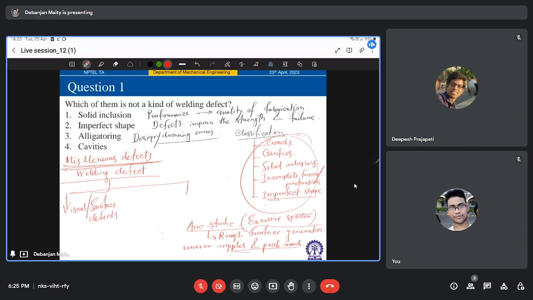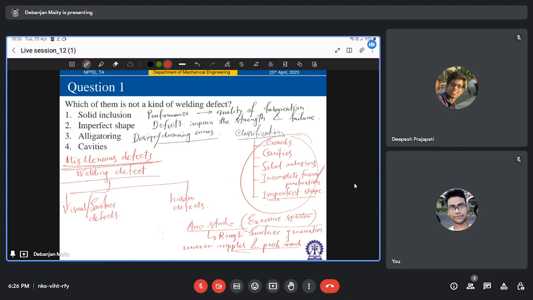And in another category, you can have these hidden defects, right? Now, the defects which you are able to see are visual.